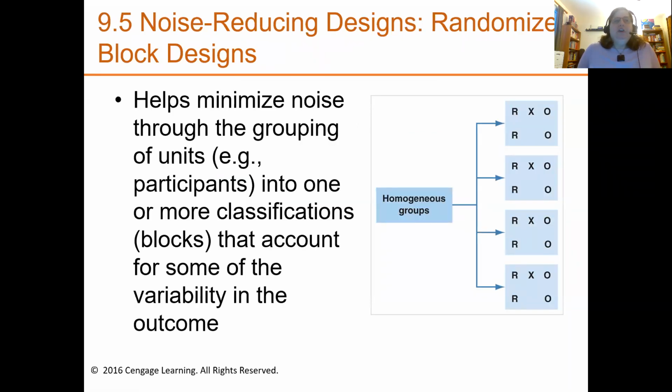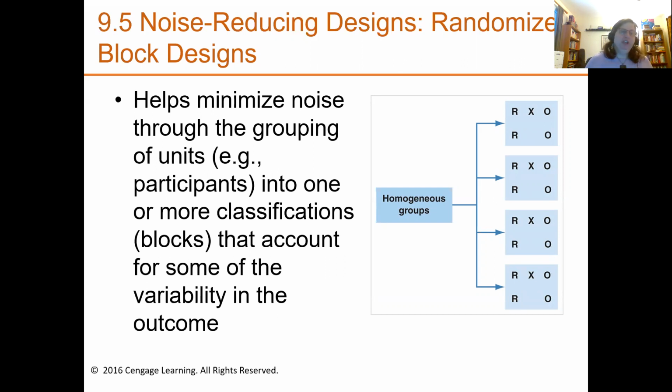Now let's talk a little bit about some noise reducing designs, like a randomized block design. This helps minimize noise through the grouping of units into one or more classifications or blocks that account for some of the variability in the outcome.